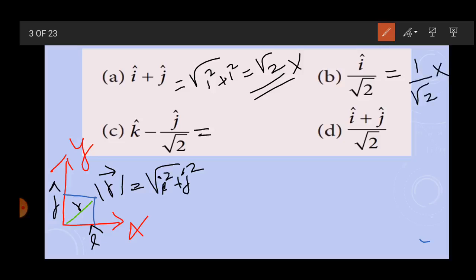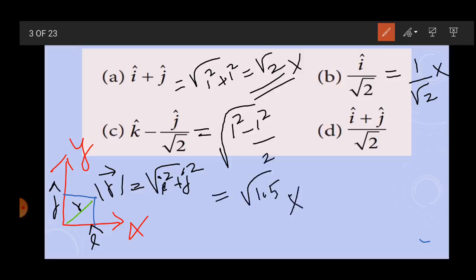And the third one, option C: the square root of 1 square minus 1 square divided by 2. Therefore, after getting the answer, square root of 1.5. This is also not a unit vector.